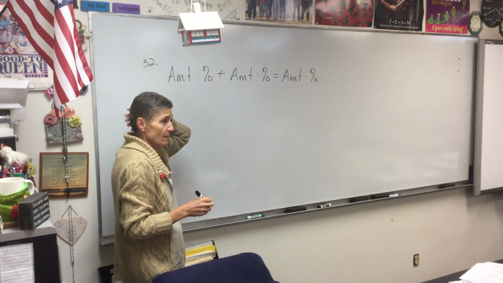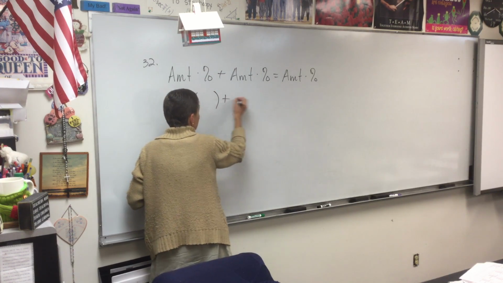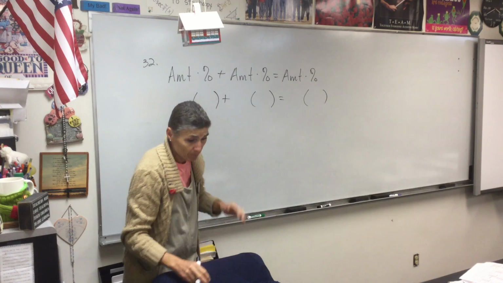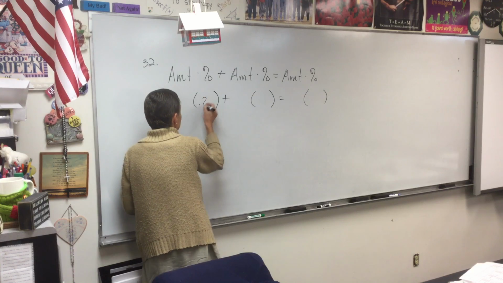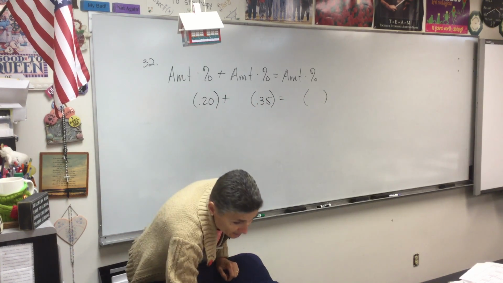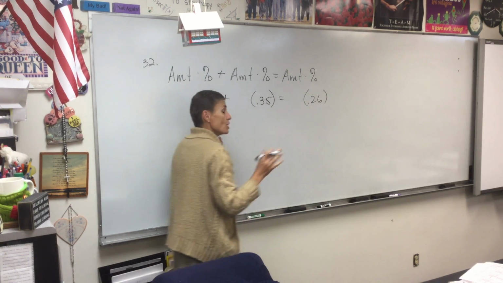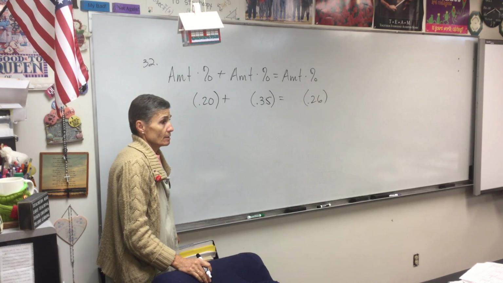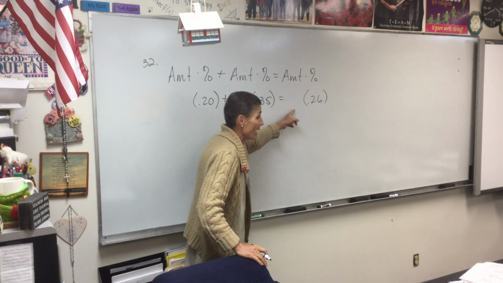Now the nice thing about this format is you will always in these problems be given the percentages. So for example, in problem 32, we're mixing a 20% and a 35%, and we're going to end up with a 26%. You will always know those percentages. Then you will always know one of the amounts.